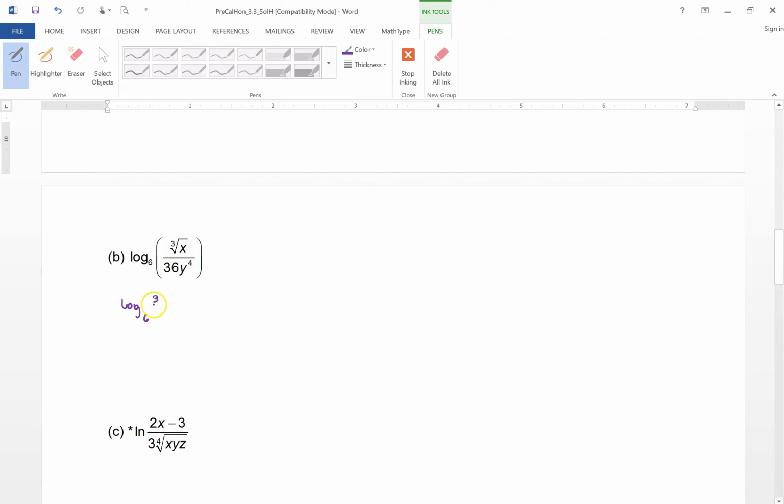Log base 6, cube root of x. Okay, now, whatever is in the denominator is being divided, meaning it all gets a negative, right? Each one of these will get a minus, okay? So it's minus log 6 of 36 minus log 6 y to the 4.